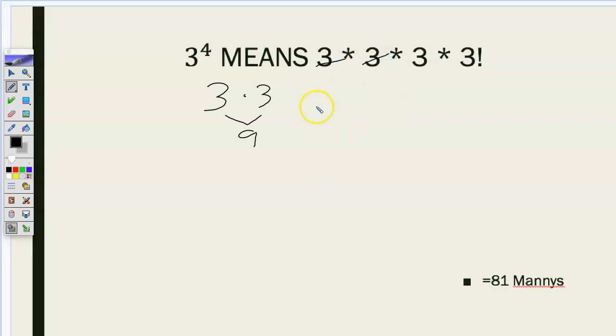Now I'm going to bring down this 3 times 3, and that equals 27. So I've taken care of that 3, and now I bring down this fourth 3. 27 times 3.